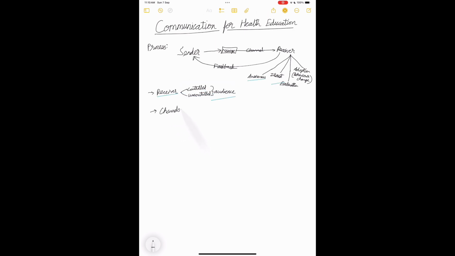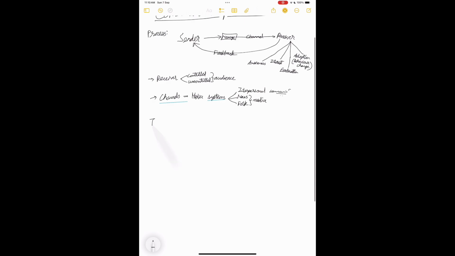So channels of communication or media systems can broadly be of 3 types, that is interpersonal communication, which is face to face, mass media and folk media or traditional media. Now coming to the types of communication, firstly we have one-way communication known as the didactic method, which is basically one-way flow of knowledge, which is not very influential for human behavior.